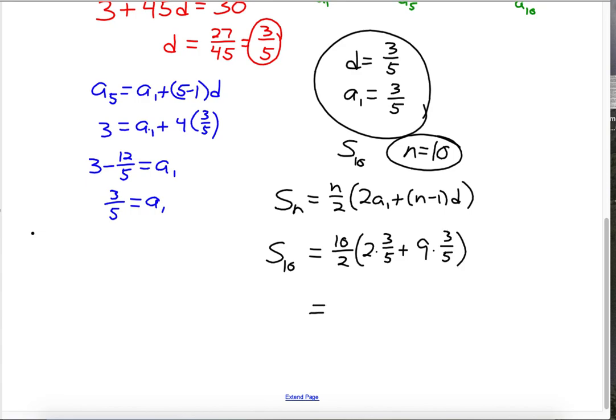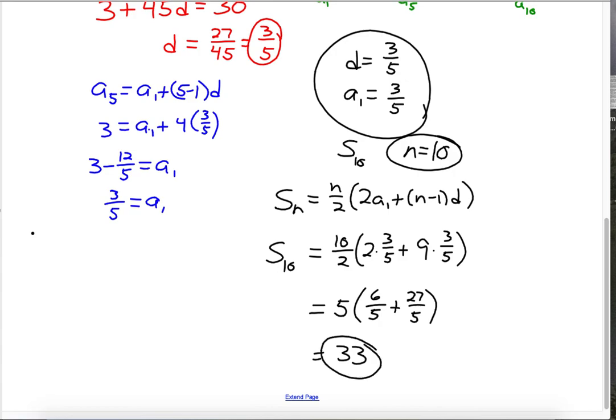And we work that out and we have our answer. So 10 divided by 2 is 5. We have 6/5 plus 27/5. So that's going to give us 33 fifths. 5 times 33 fifths, the 5's cancel, and we're going to get 33.